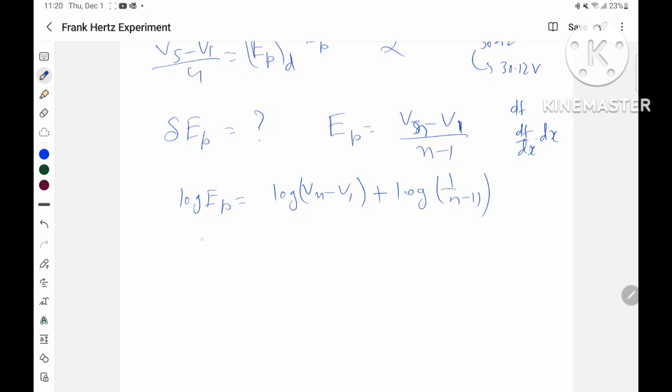So this becomes delta EP divided by EP, that is equal to, similarly here, 1 upon Vn minus V1 and delta of Vn minus V1, plus, if you take differentiation here, this will become 0 because this is a constant.